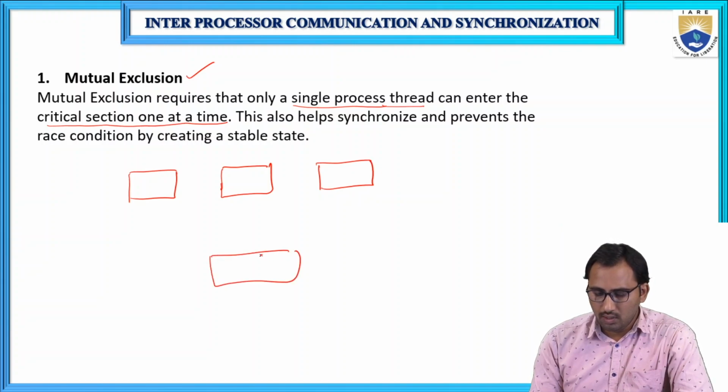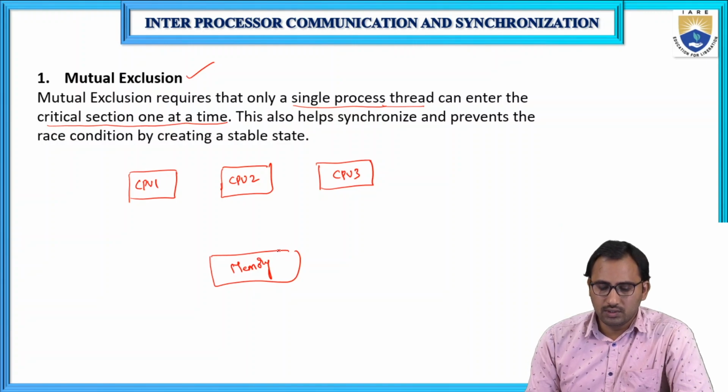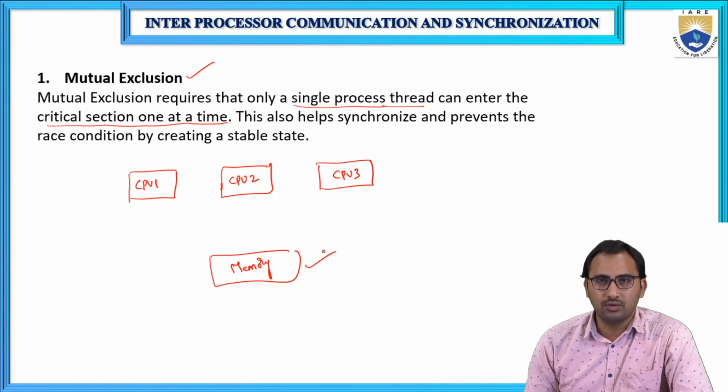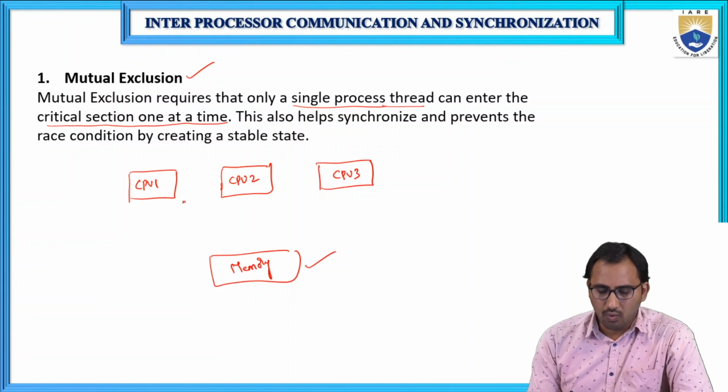So this is CPU 1, CPU 2, CPU 3, and this is a shared memory. Memory is one of the resources. This resource should be accessed by only one CPU or one processor at a time.